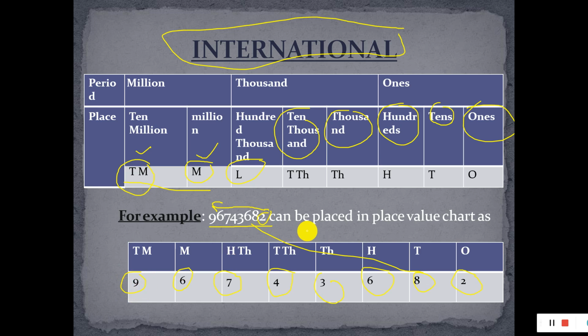You can write each and every number very simply, starting from the right-hand side and going to the left.